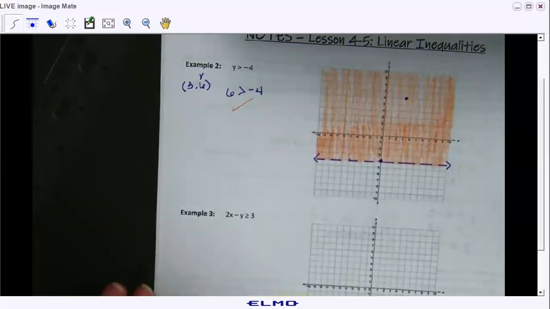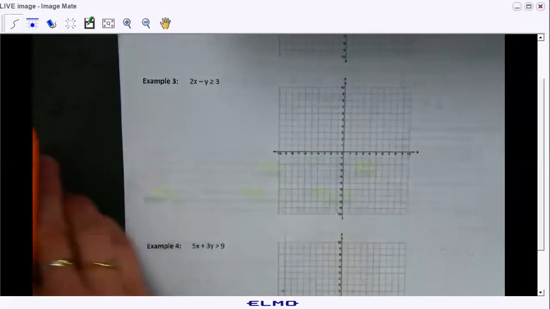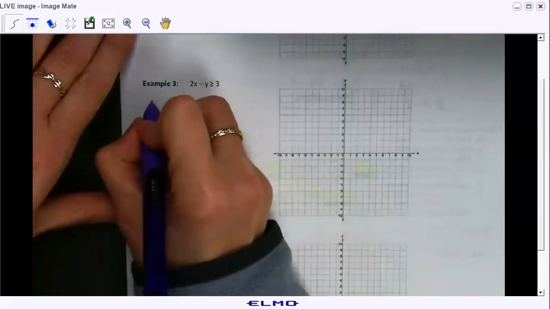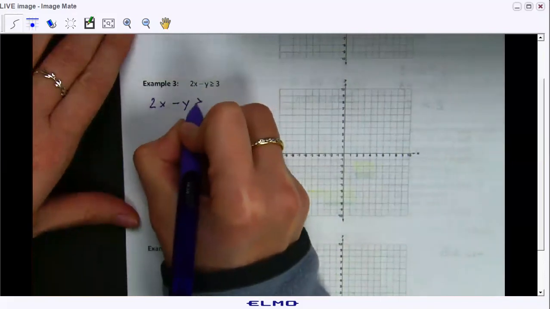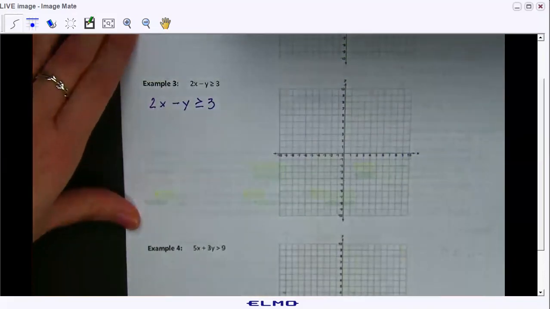Okay, let's go to example 3. We have a little bit of a different inequality. We now have an inequality that we need to put into slope-intercept form. So we need to convert this inequality into slope-intercept form. Okay, so we have 2x minus y is greater than or equal to 3.